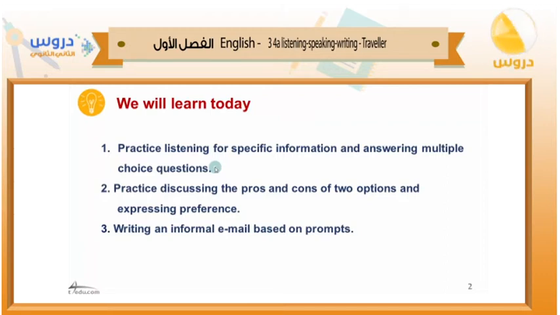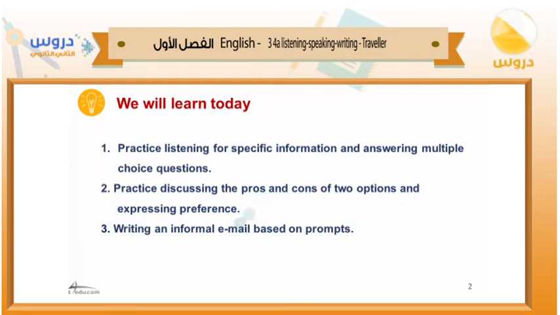1 answer is correct. And for 2, we're going to take a look at some pictures and discuss how we use the pros and cons of multiple choice questions, or how we actually use them to express preferences. How do we prefer this than that, and how do we have options of preferences?